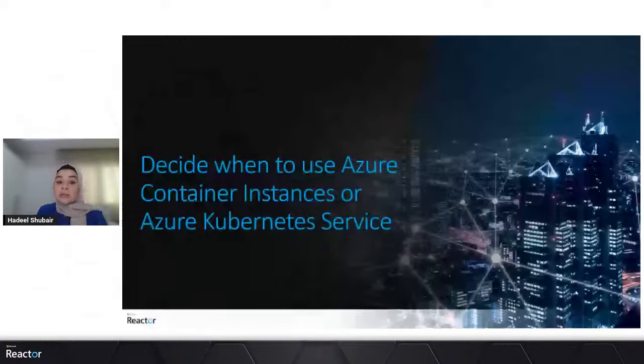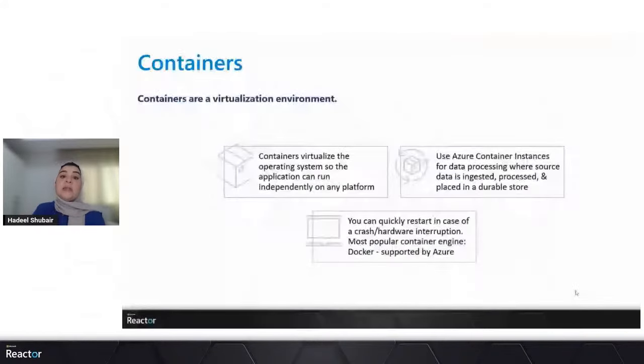They're a virtualization environment, so they can run independently on any platform that you have. One of the best use cases for containers is data processing. If your source data is ingested, processed, and placed in a durable store such as Azure Blob Storage, this is when you can use Azure Container Instances.